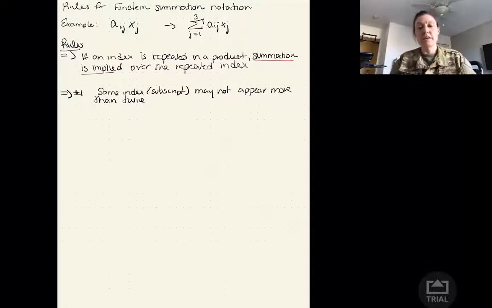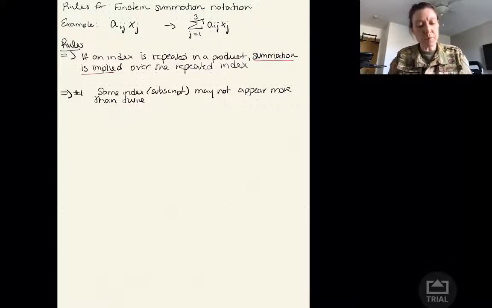Again, if there were multiple terms, this would apply to each term individually, which is a little disconcerting when you look at each individual term. The j in the first term is different than the j in the second term. Each term is independent, and the indices in each term are independent. So just keep that in mind.